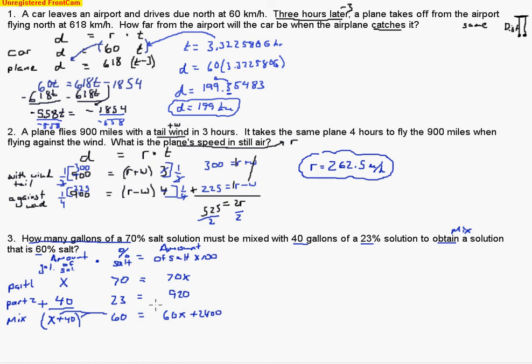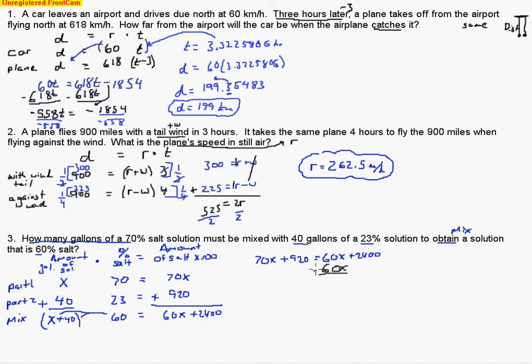Well, now we're ready to solve. Remember, this is the amount of salt. So these 2 parts are going to add together to make the final. So it's the amount of salt times by 100. That's why the numbers are so big. And so 70x plus 920 equals 60x plus 2400. And so we just go ahead and do some opposite operations there. I'll subtract that 60x from both sides.